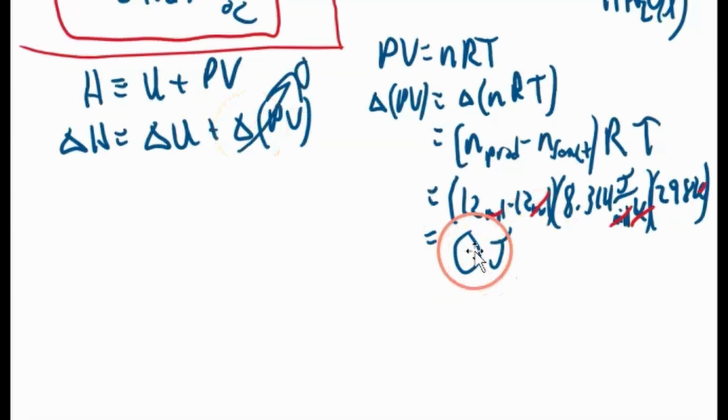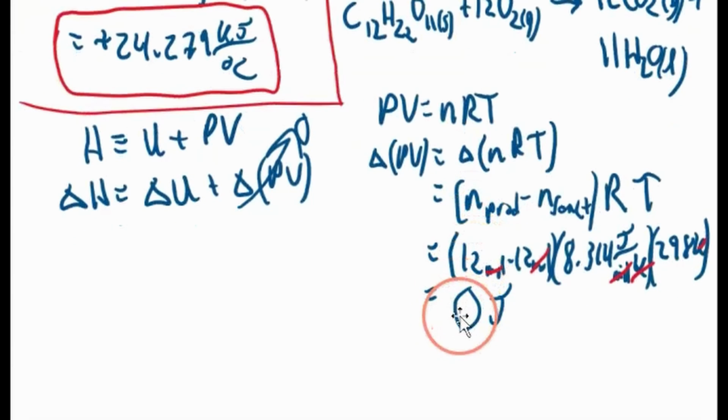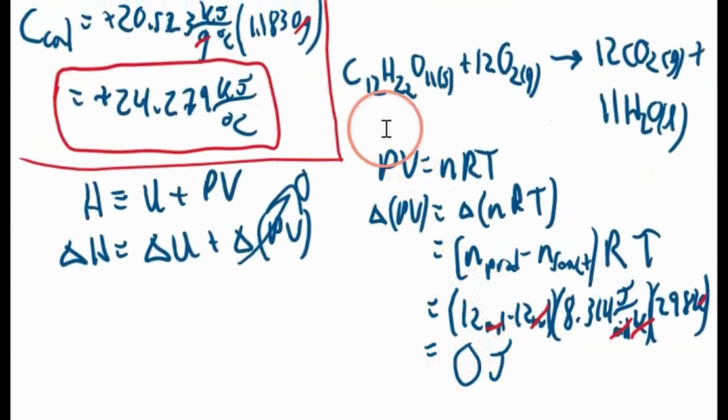But if this is not 0, then this number is going to be per mole of sucrose, because this change in moles is based on the balanced equation. And the balanced equation looks at 1 mole of sucrose reacting with 12 moles of oxygen to produce 12 moles of CO2 and 11 moles of water. So for this reaction to occur, this delta PV term would be per 1 mole of sucrose.